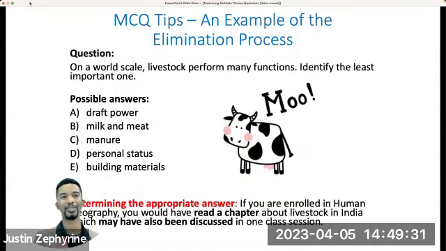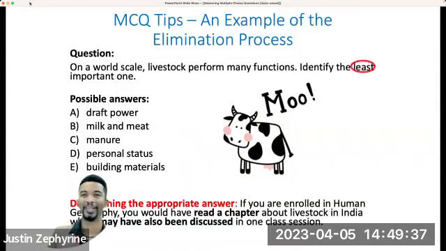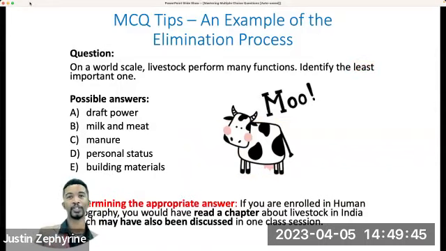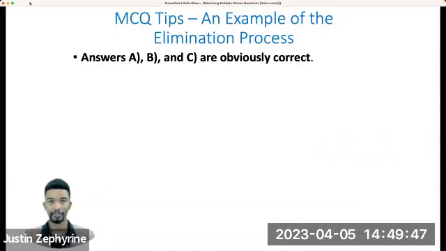So let's reveal. Now this was somewhat of a trick question, yes, Michelle. But remember, it's the least important. It's not that it can't do any of these, it's the least, that's one of the key words there. So let's go through this process. Answers A, B, and C are obviously correct, right?